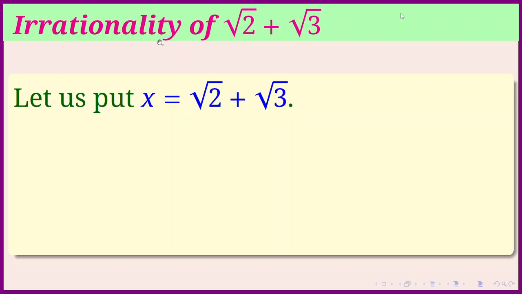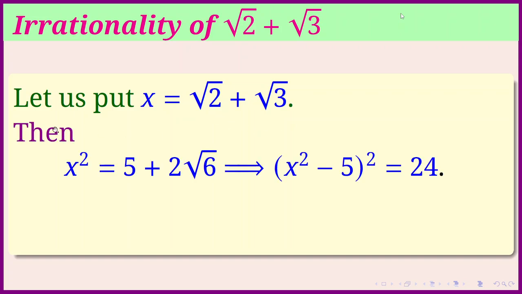Now, we consider the irrationality of root 2 plus root 3. Let us put x equal to root 2 plus root 3 and square both sides. So, you get x square is equal to 5 plus 2 root 6, and that implies if you bring 5 on the left and again square it, we get this polynomial.